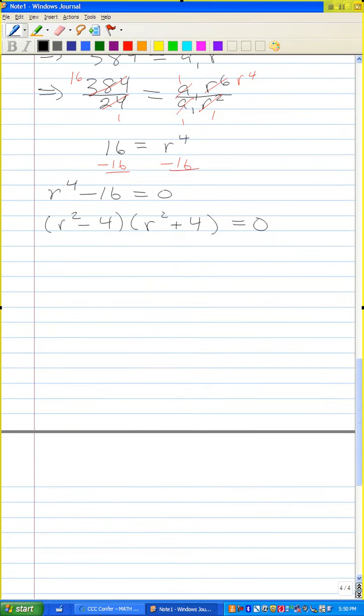I can factor further: r minus 2, r plus 2, r minus 2i, r plus 2i. Okay, so I can factor each of these and set each factor to 0.